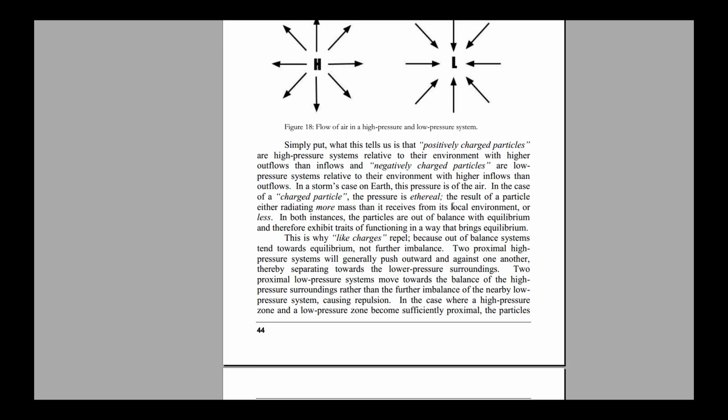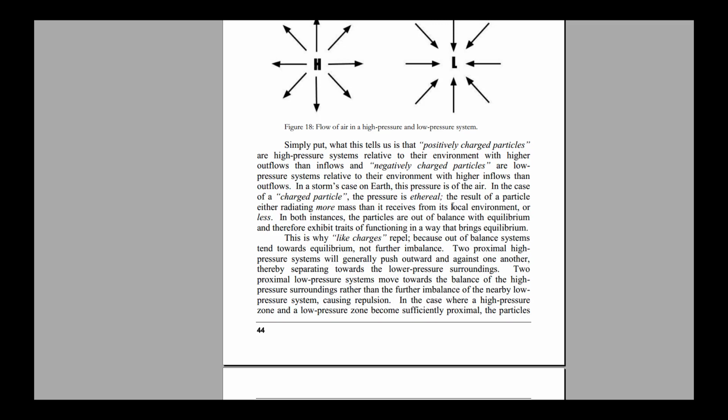Simply put, what this tells us is that positively charged particles are high pressure systems relative to their environment with higher outflows than inflows, and negatively charged particles are low pressure systems relative to their environment with higher inflows than outflows.